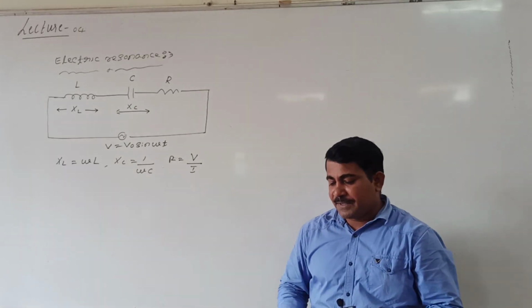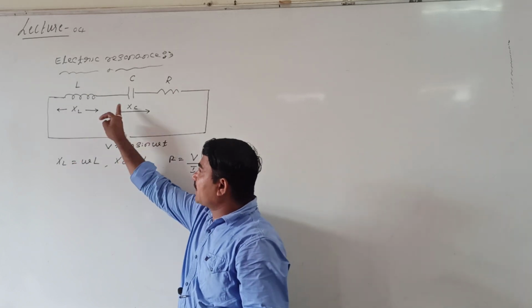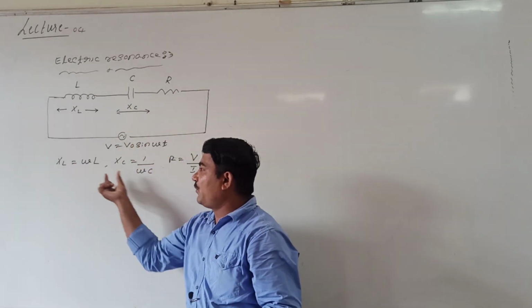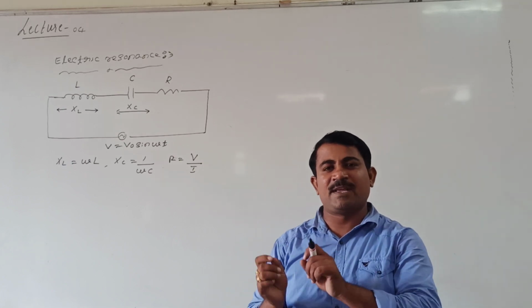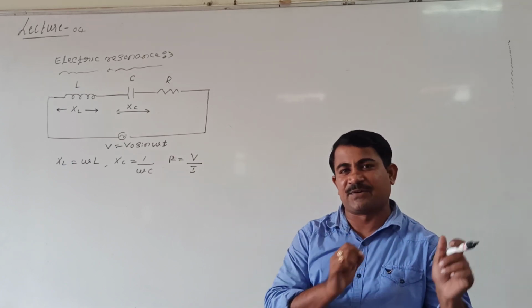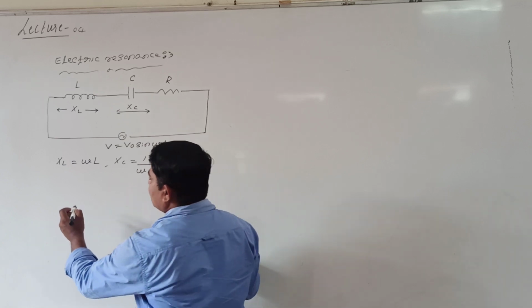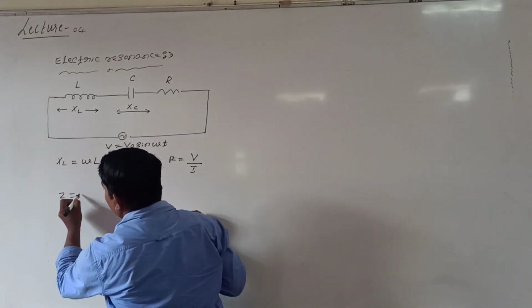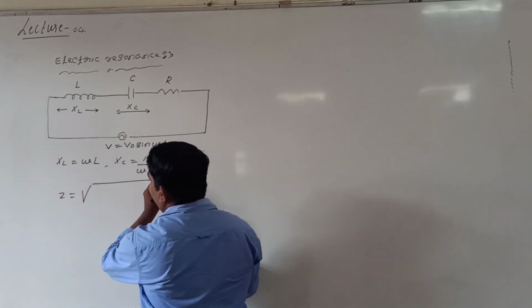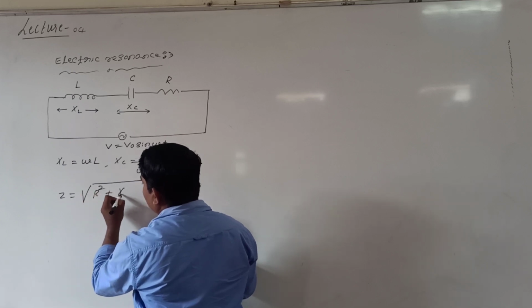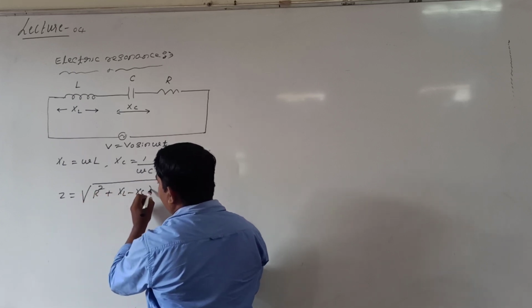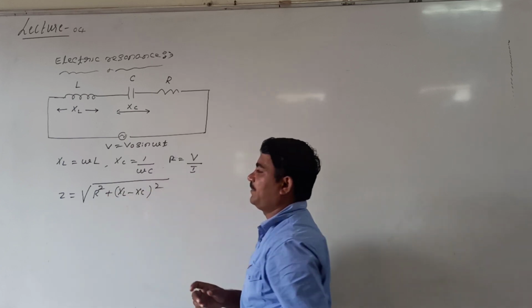See here, the net opposition offered by inductor, capacitor and resistor to flow of AC, we are calling impedance of the LCR circuit. What is the impedance value? Z is equal to how much we obtain? Z is equal to under root of R square plus XL minus XC whole square.